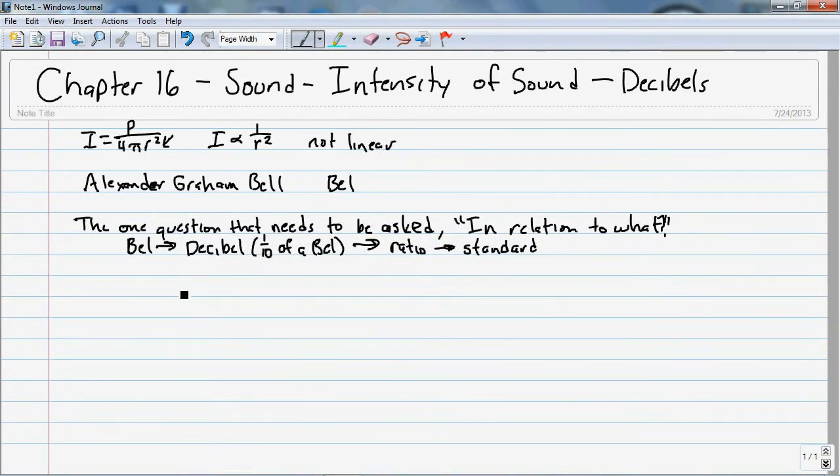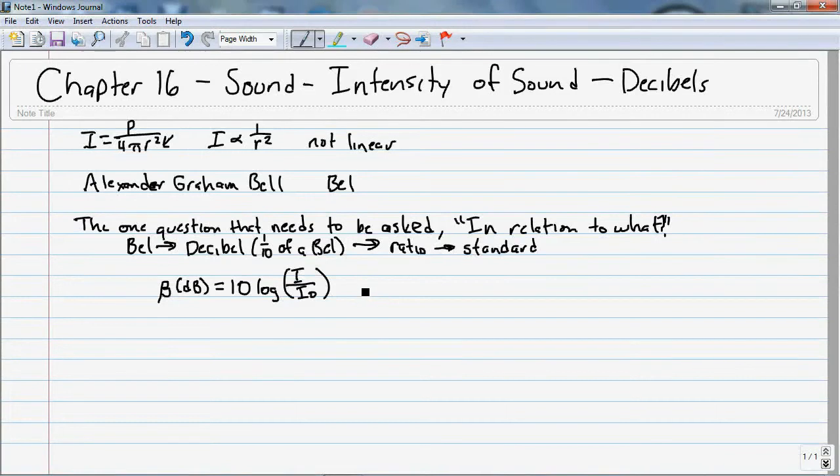And the formula that we use is some value beta, and the units are, well, decibels really don't have a unit, but we put dB just so that we understand that we are talking about decibels. And that's equal to 10 times the log base 10 of the intensity divided by our base intensity, or I naught.